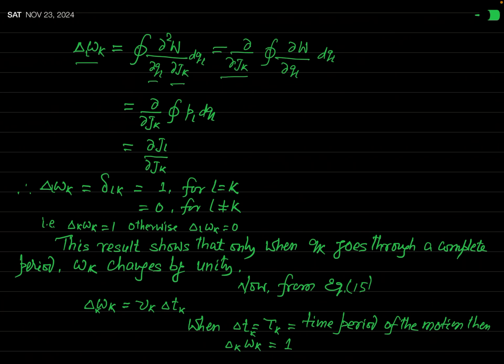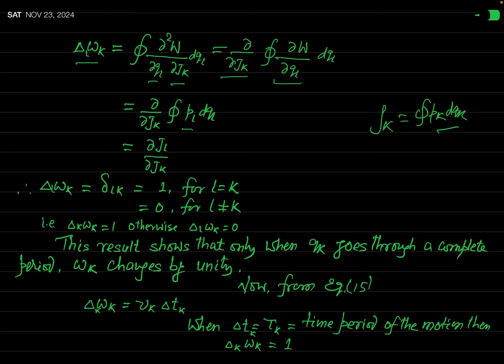And this del W by del QL, you have seen, is simply PL. And the integral of PL dq for a complete cycle, what is this? This is the action variable. We have learned earlier that Jk is defined as the integral for a complete cycle of Pk dqk.